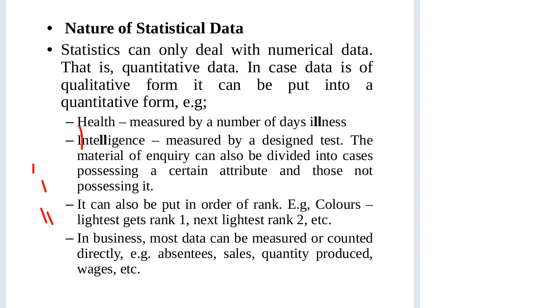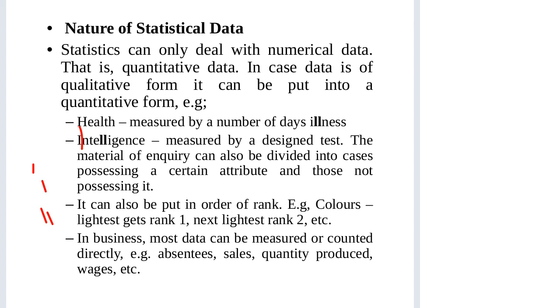Statistics can also be put in order of rank, for example, colors. If you are carrying out a study that involves colors, you may not be able to measure the colors, but you can rank the colors. For example, the lightest you rank 1, the next one you rank 2, so that you can now use the quantitative data that you have assigned to those colors in your study.